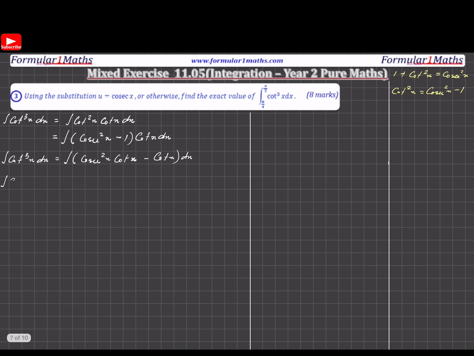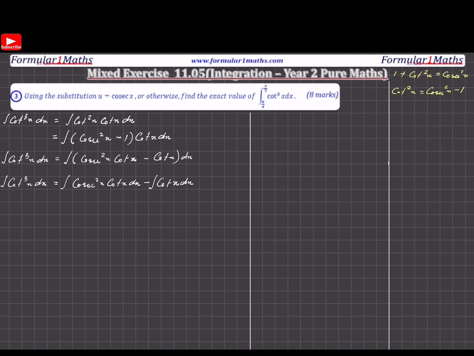Integral of cot cubed x dx is equal to integral of cosec squared x cot x dx minus the integral of cot x dx.